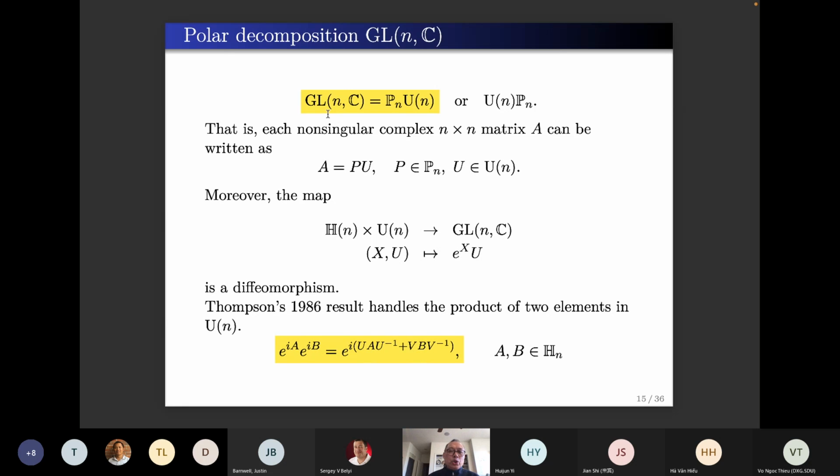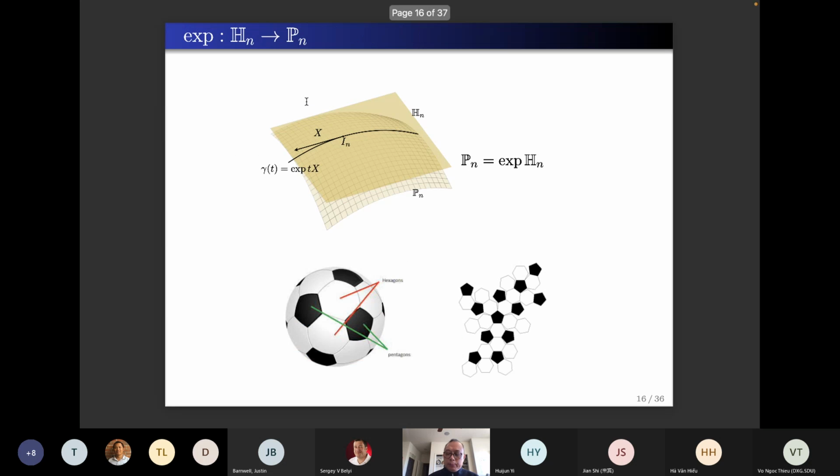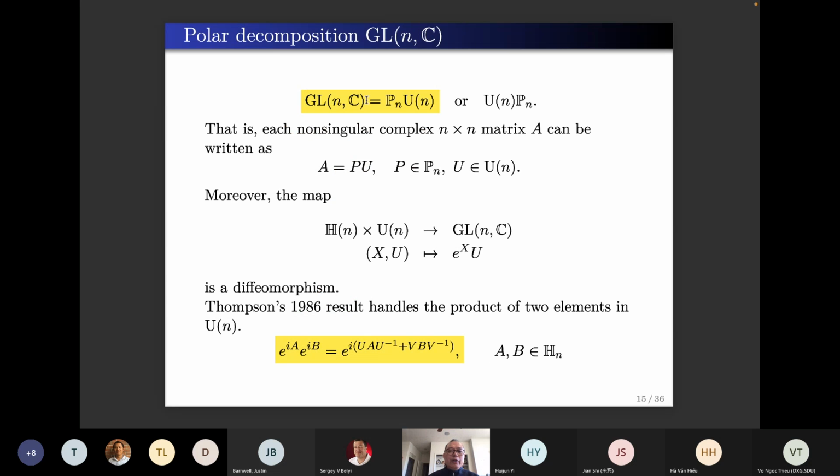So it means each matrix in GL_n(C) can be expressed as a product of a positive definite matrix and a unitary matrix. So this is the way to write it.